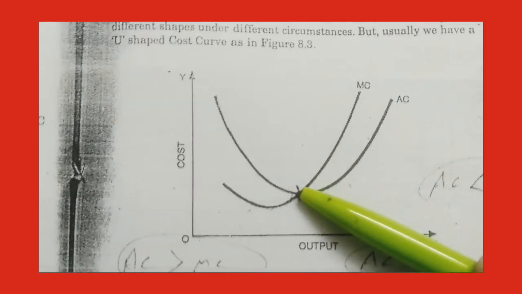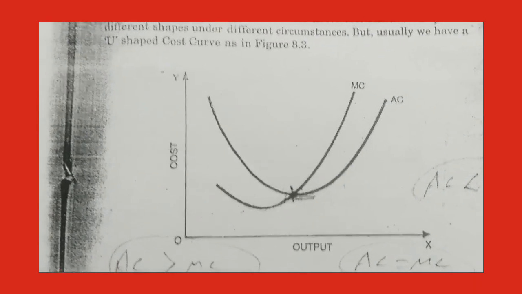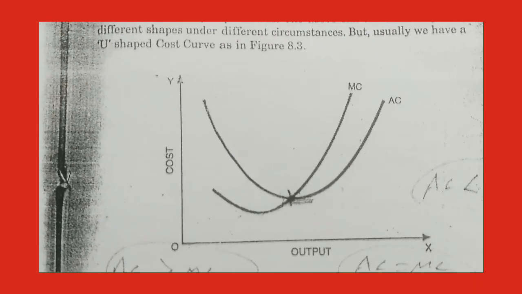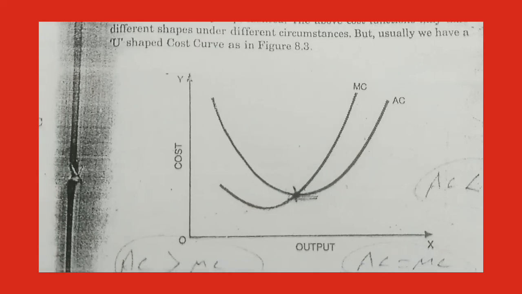This is due to the overutilization of indivisible factors and the appearance of diseconomies of management, labor, etc., which raise the variable cost per unit of output and push the average cost curve upward. This gives the short-run average cost curve its U-shape.